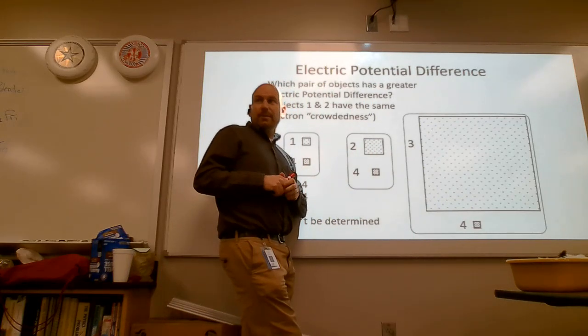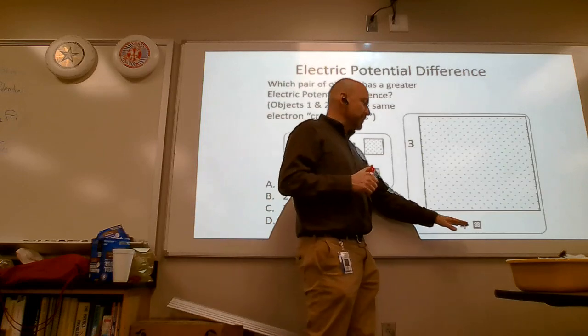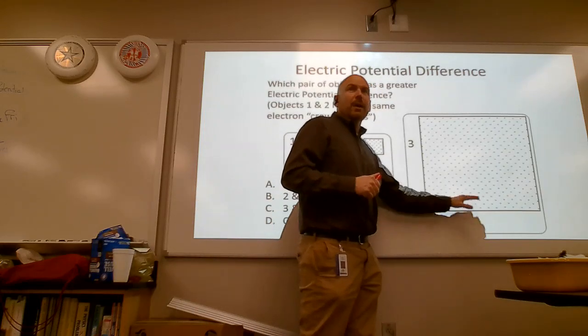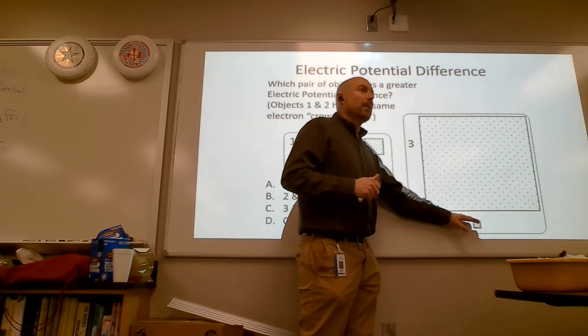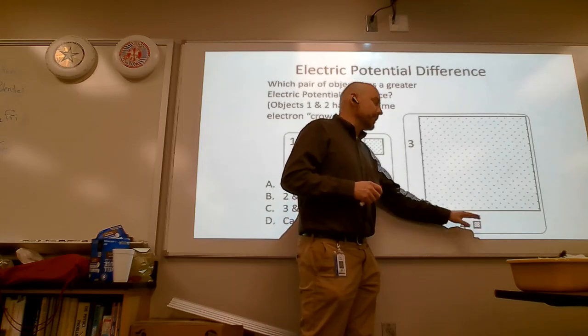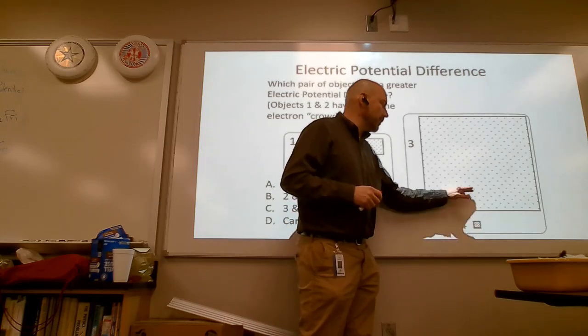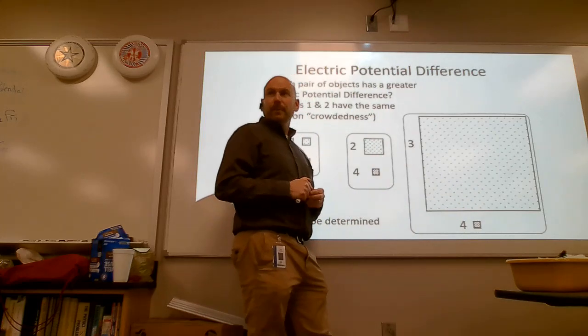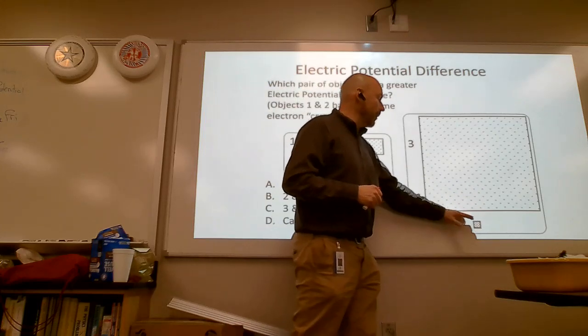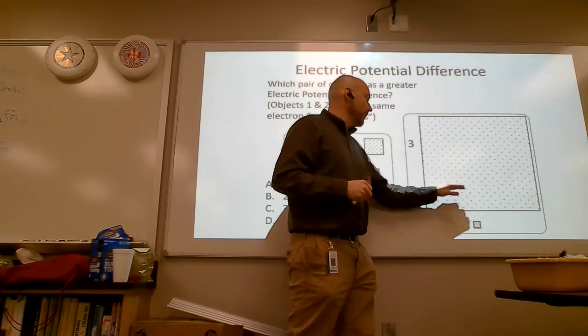There's a higher difference in electron crowdedness here and here versus here and here. They're more highly motivated to go from here than to here.